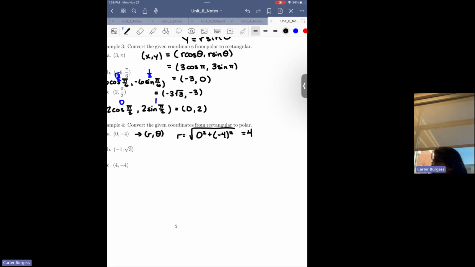From here, we can set up our equations for finding theta. In particular, cosine of theta must be 0 over 4, that's our x over r, and sine of theta must be negative 4 over 4, or negative 1.